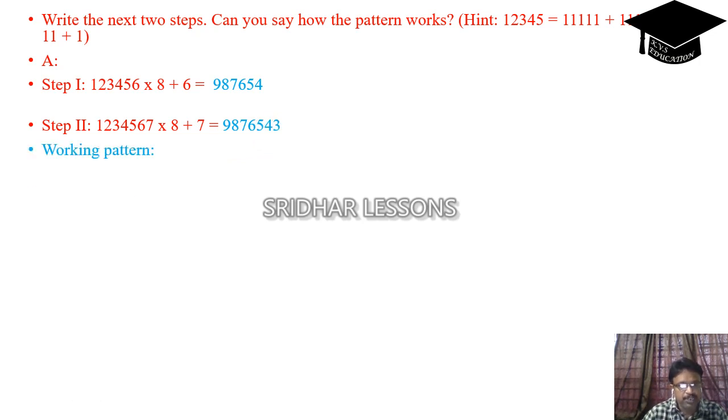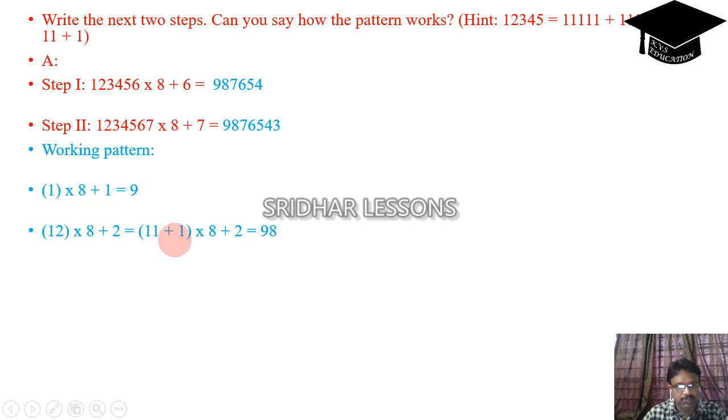The working pattern. What is the working pattern? 1 into 8 plus 1 is equals to 9. 12 into 8 plus 2 is equals to 11 plus 1, into 8 plus 2. This is equals to 98. Observe this one carefully. Next one, 123 into 8 plus 3. This is equals to 111 plus 11 plus 1.